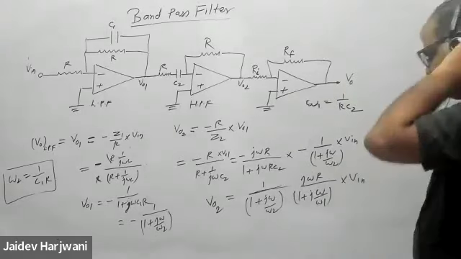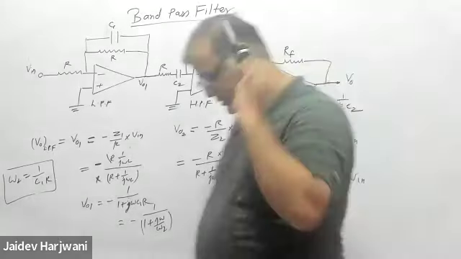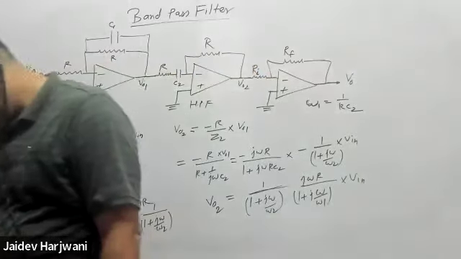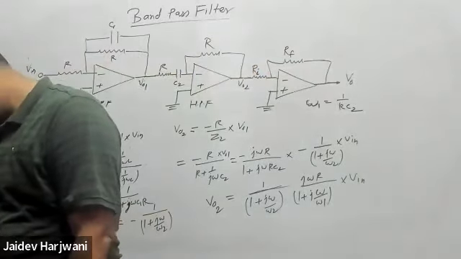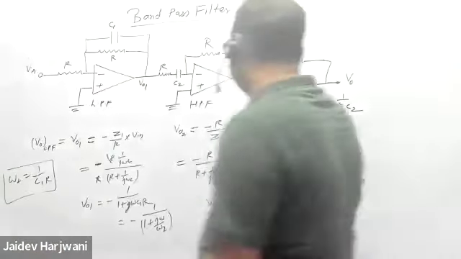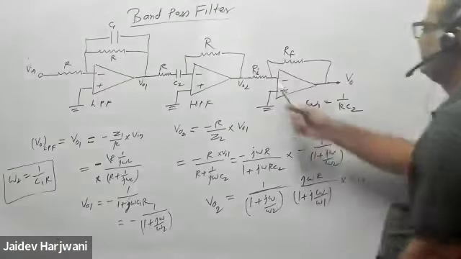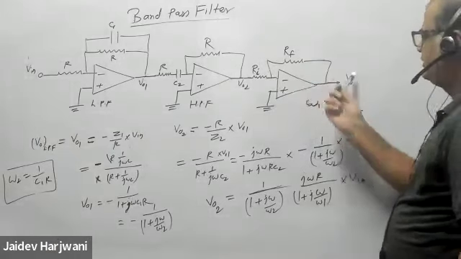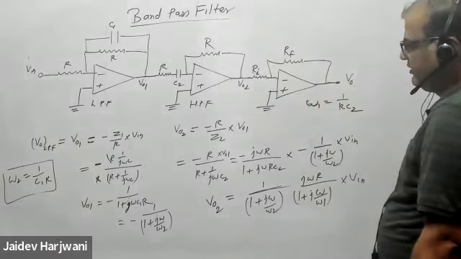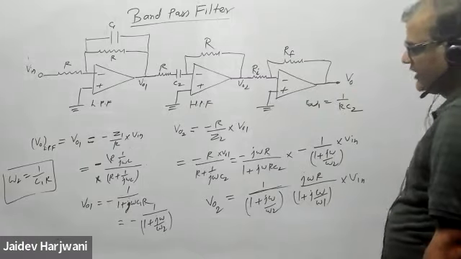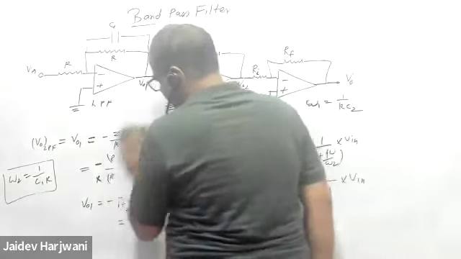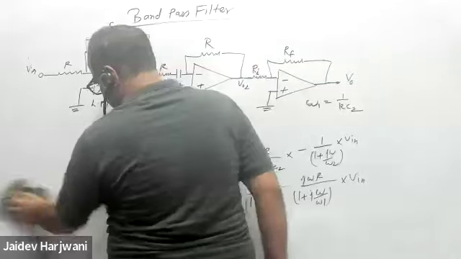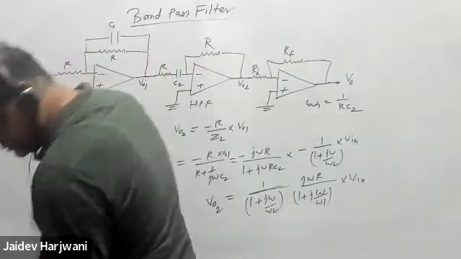And now finally you have to write the output. Now only it will be RF by RI into V input. So let me write the final expression and then you can check it.